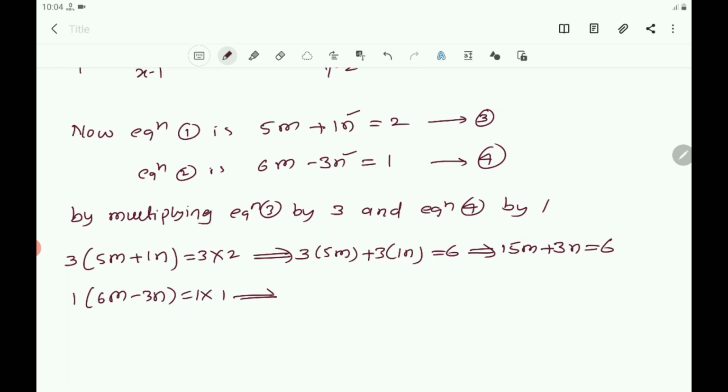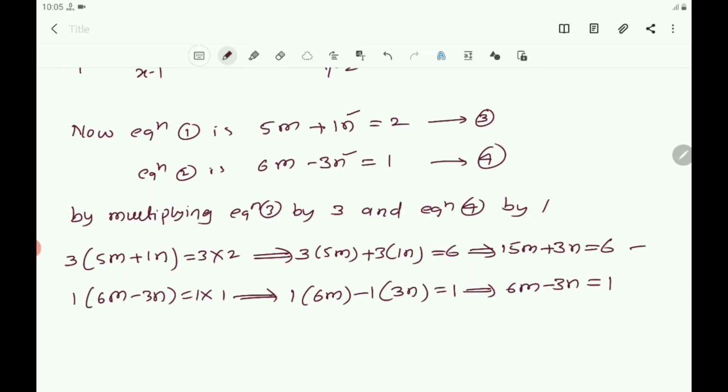So this equation remains as it is, that is 6m minus 3n is equal to 1, or to equalize it you write 1 into 6m minus 1 into 3n is equal to 1. That implies 6m minus 3n is equal to 1.